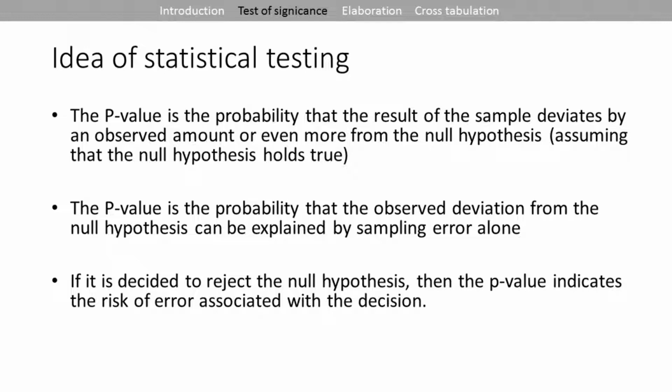And the p-value is the probability that the observed deviation from the null hypothesis can be explained by the sampling error alone. Then you can decide, depending on the p-value, if you reject the null hypothesis, and it also indicates the risk of error associated with this decision.